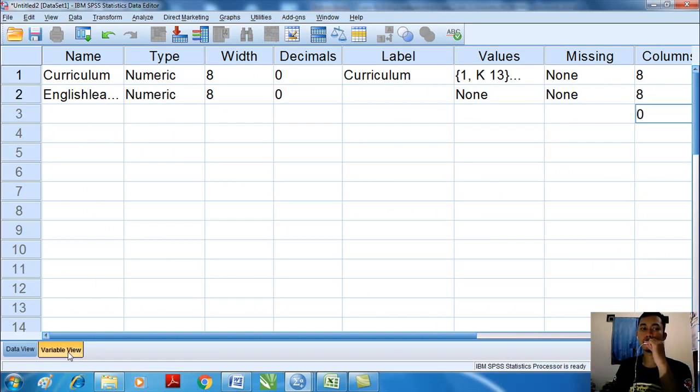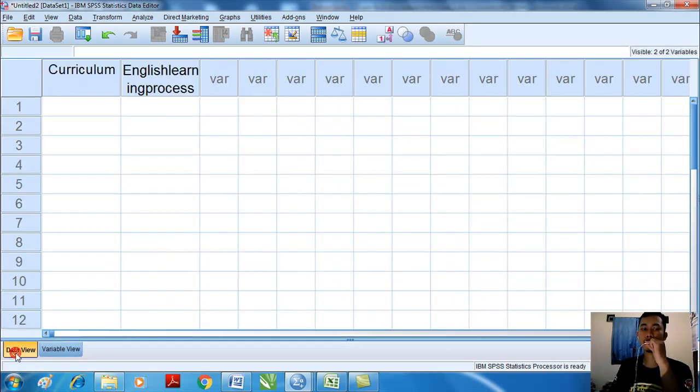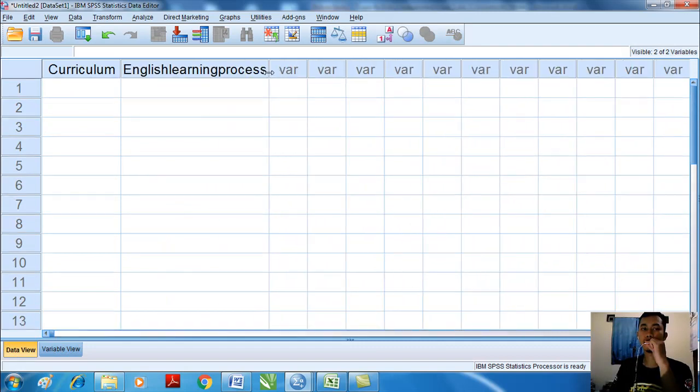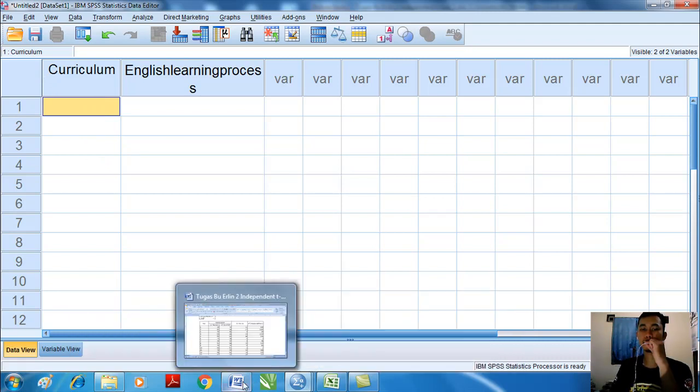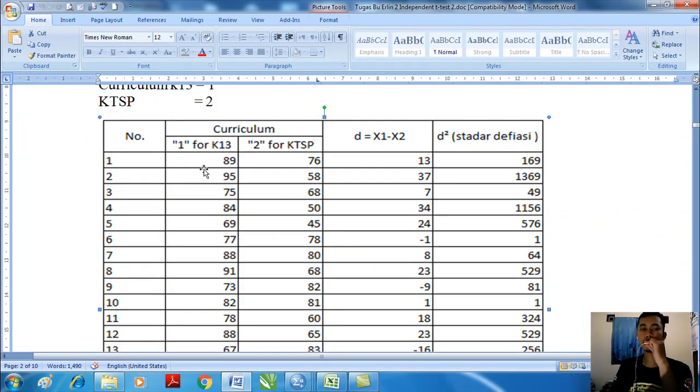Data view is located at the bottom left. Click it. Now it's time to input the data. Value 1 for K13 and value 2 for KTSP.